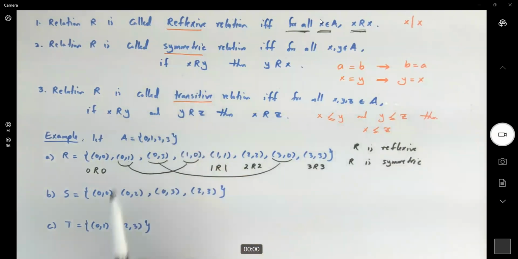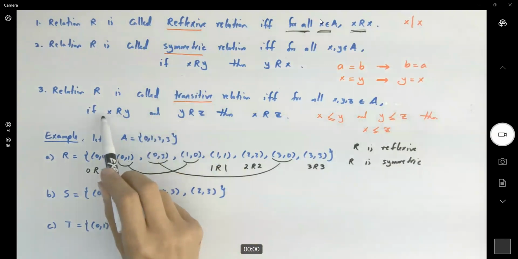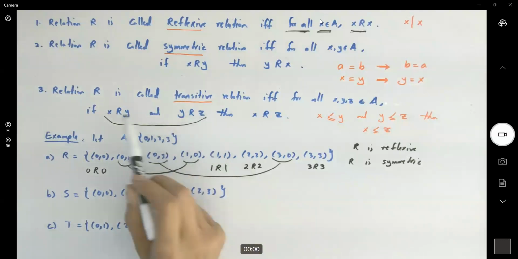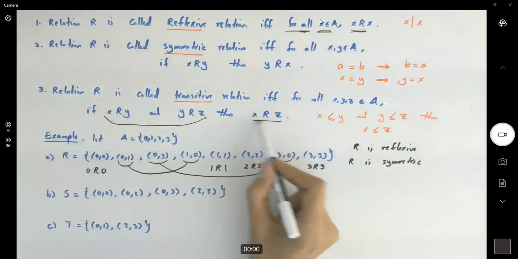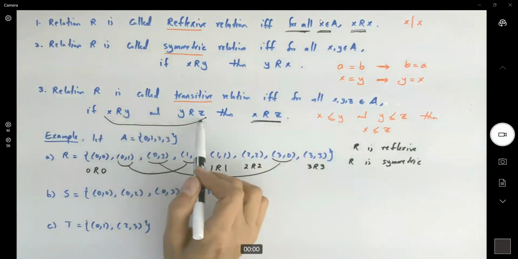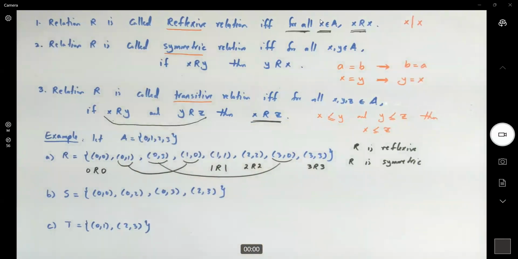What about being transitive? Transitivity says, hey, if X is related to Y and Y is related to Z, so if I have two pairs with this relation, then I need to conclude that the very first element and the last element are connected as well. Take a look.